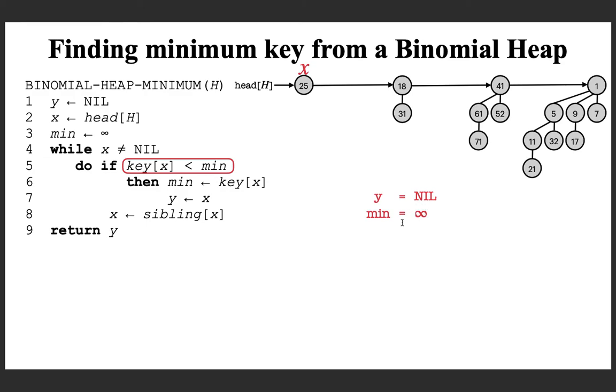That is true, so you come down and say that the minimum should be 25, not infinity. You assign it, getting minimum as 25, and after that you remember the address of the node in which this minimum is present in the variable y. y will point to the present minimum node.